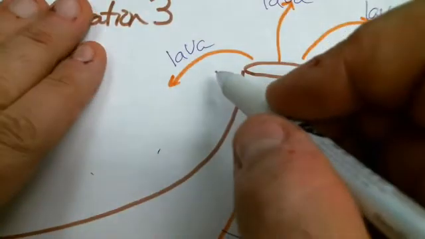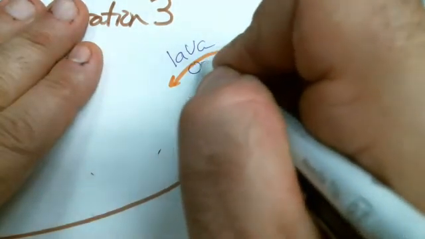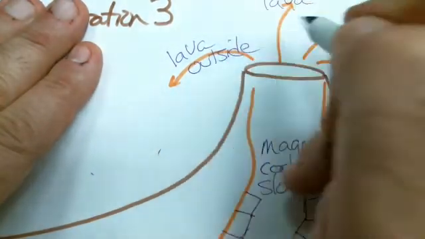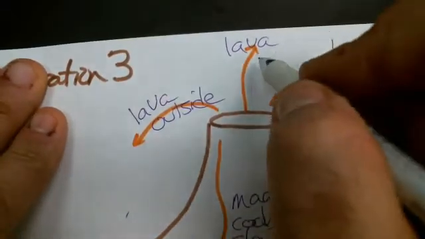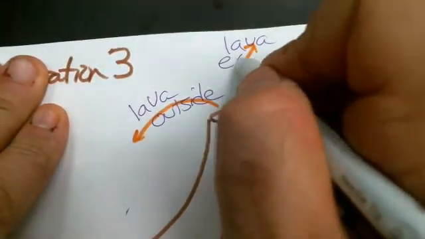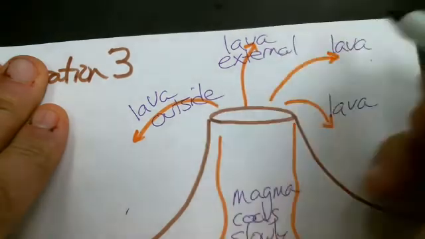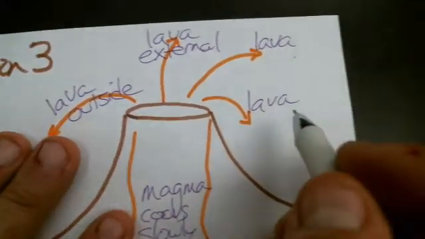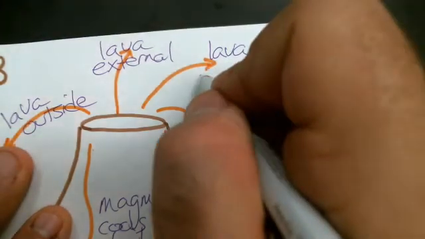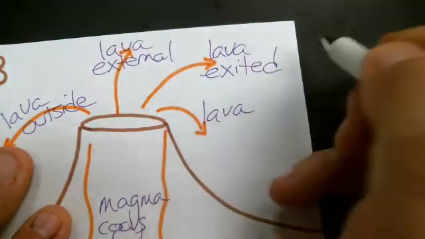Over here on the left, we'll write down that this is lava on the outside. Up here in the second arrow, it's lava. It is external to the earth. On the next one, the lava has exited the earth.